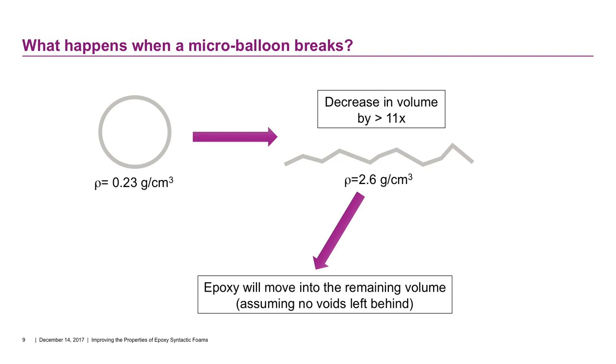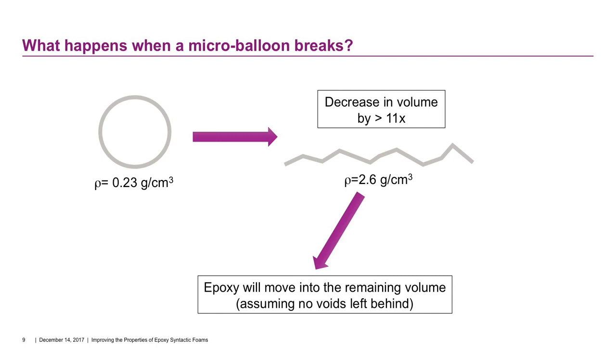Because it's collapsed, because you've lost the air within the intact balloon, now you've got a tremendous decrease in volume. And what has taken up the space that the microballoon should have occupied? Additional resin. So your density has essentially increased tenfold. You've lost the volume afforded by the intact microballoon.